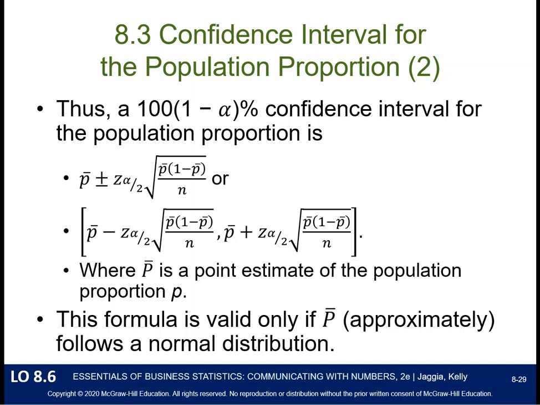Okay, so again, we have to make sure we're following our order of operations, and this formula should look familiar because we looked at this before in an earlier chapter, when we were talking about proportions and z-scores and those sorts of things. We haven't exactly calculated a confidence interval before.